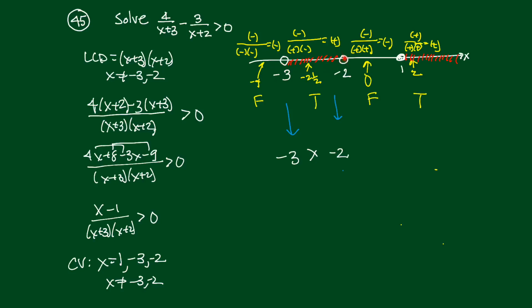They're open, right? They're strict inequalities. So we could be there, or we could be way over here in this interval, which are all the x's that are greater than or equal to 2, because that's a closed circle there. So there we have it. There's our solutions.